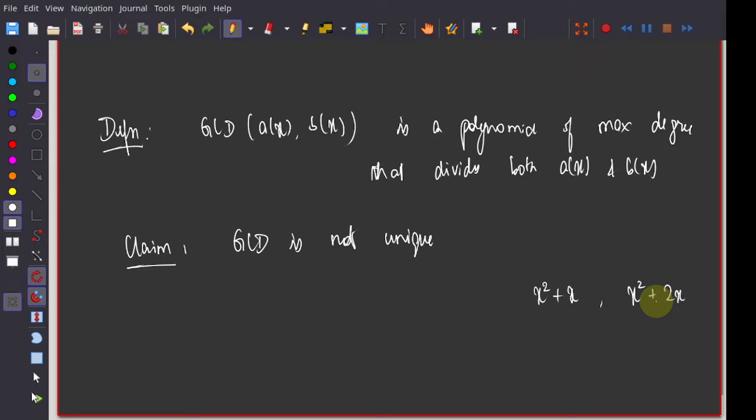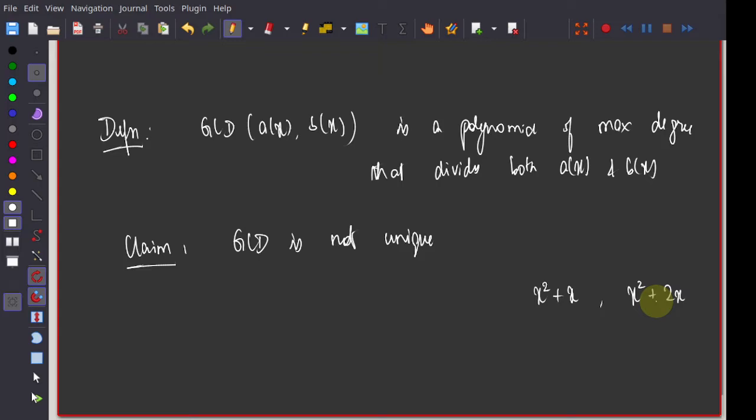What is the GCD of these two? x. So x divides x square plus x. x also divides x square plus 2x. Let's assume that the field is the field of reals, real numbers. So x is a GCD.